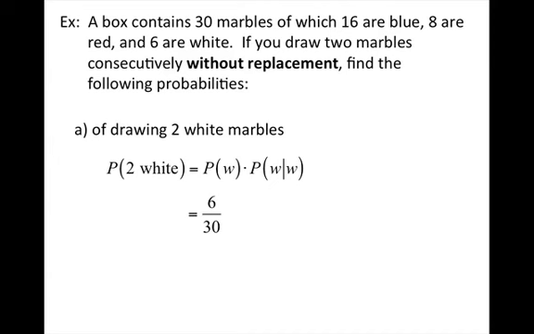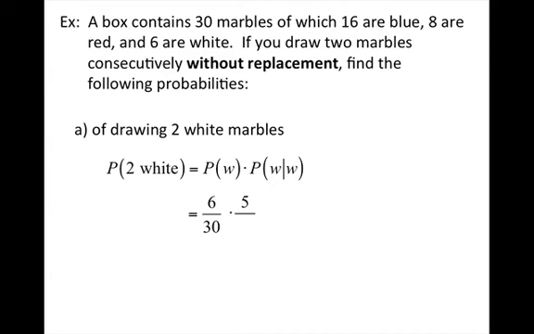Now you reach in and you draw a white marble and you keep it out. Since you're not replacing that marble, that's going to change your probability for the second draw. First off, I only have 5 white marbles in the box now. So the chances of drawing a white marble is just 5 and not 6.